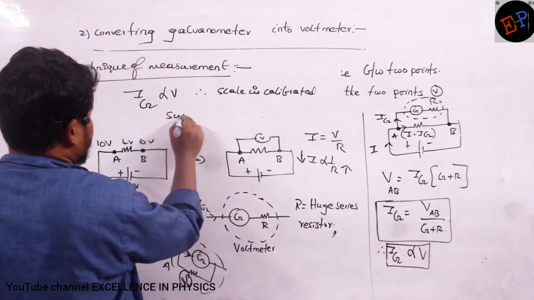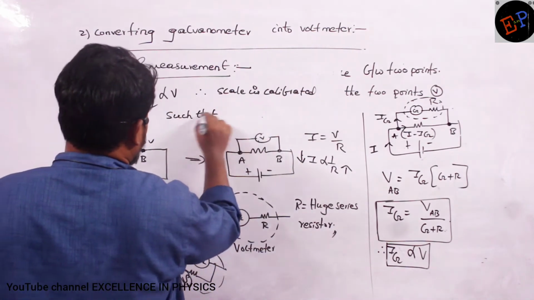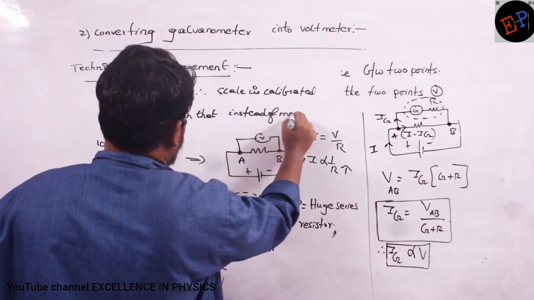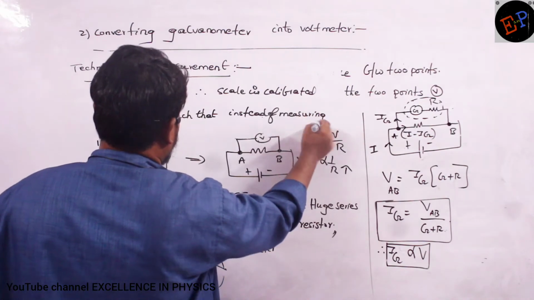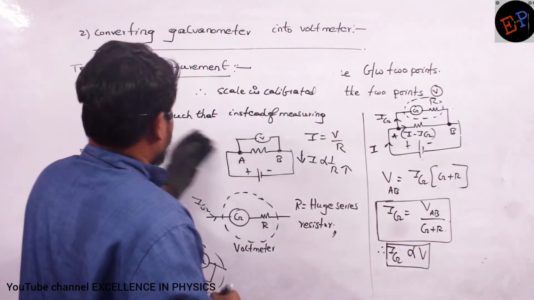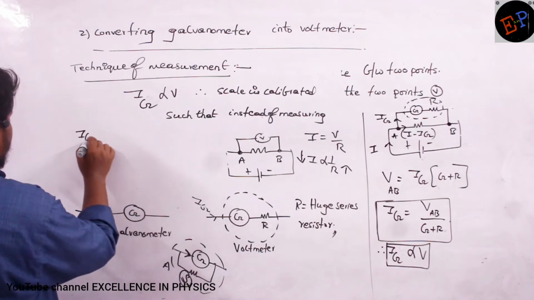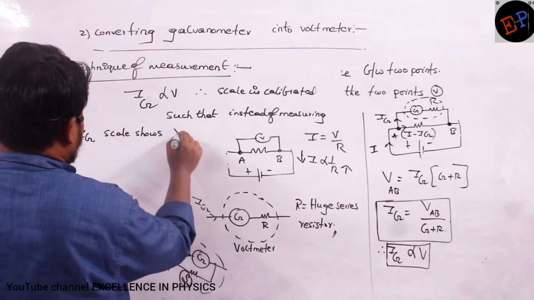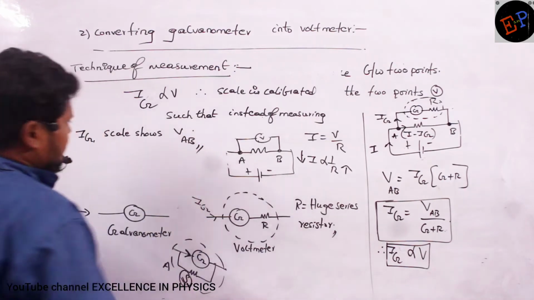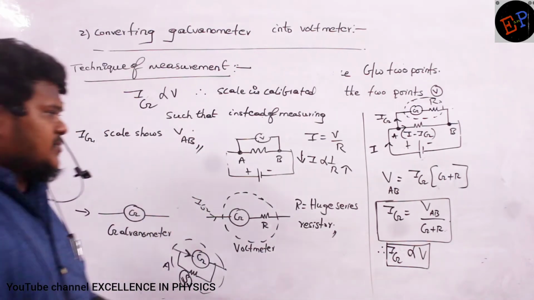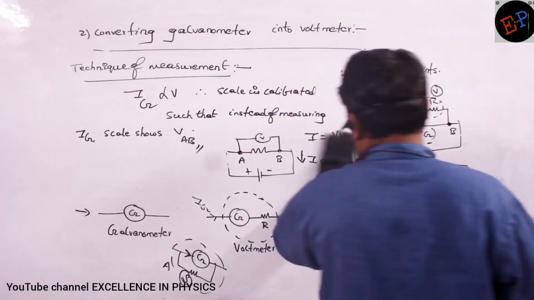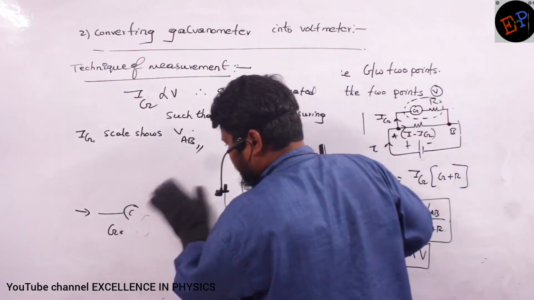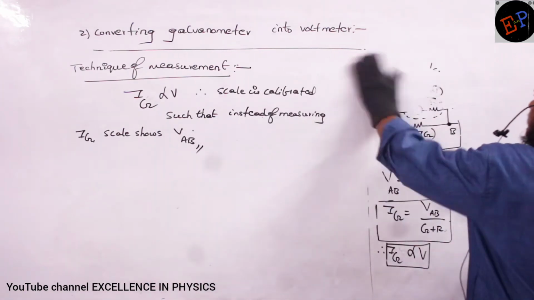The scale is calibrated such that, instead of measuring Ig, the scale shows VAB, the potential difference between the two points. That's it, very simple. So that is the concept of conversion of a galvanometer into an ammeter and voltmeter.